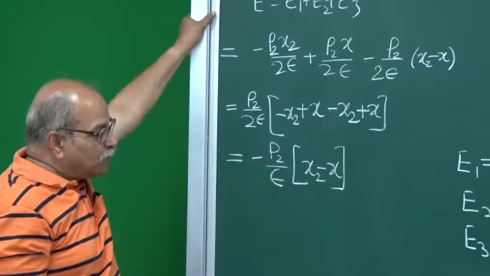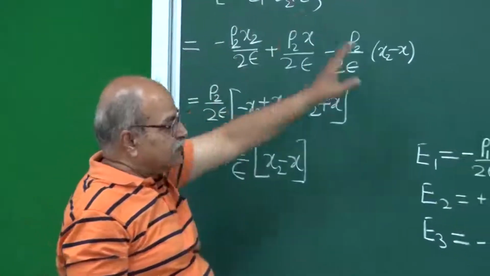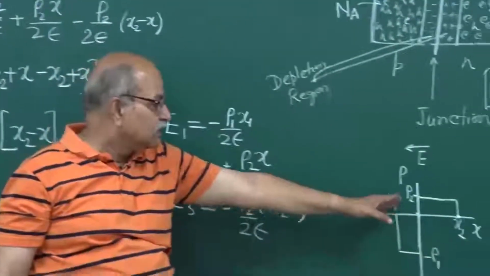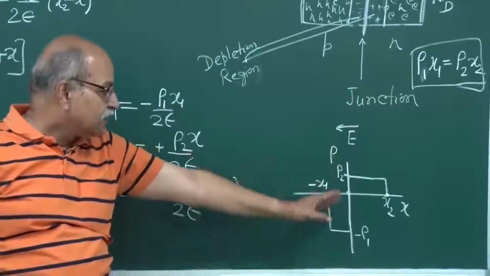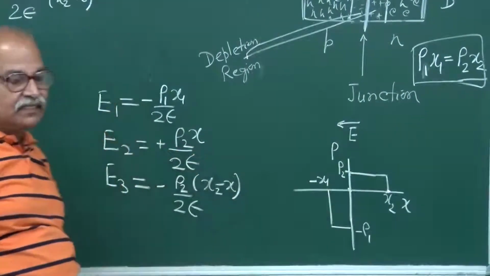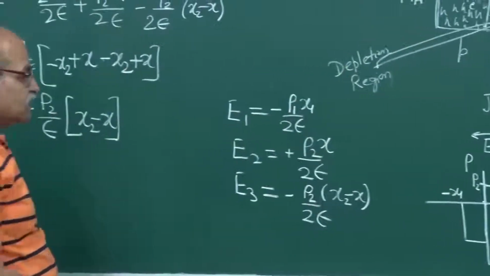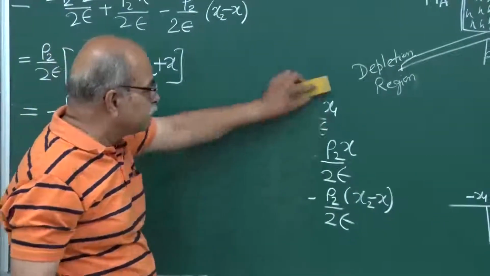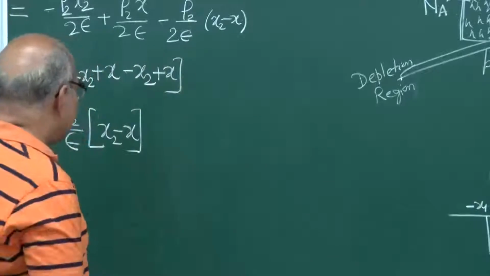So if I plot the electric field, here is the plot for charge density. If I make a similar plot for electric field as a function of x, taking towards the right as positive, how will it look? It will be like this.